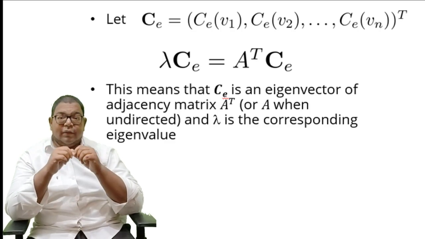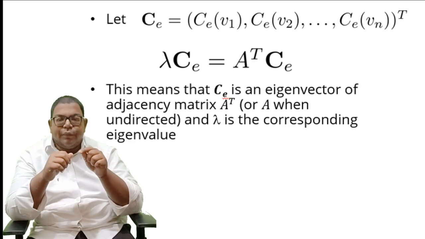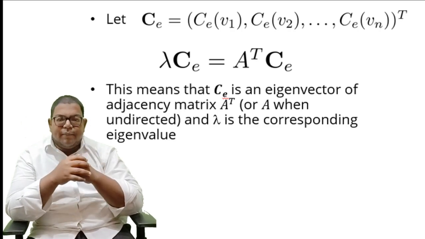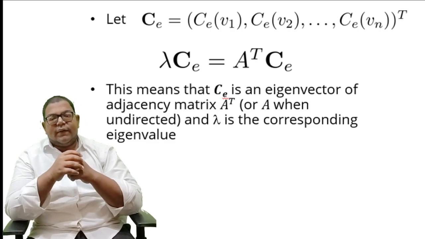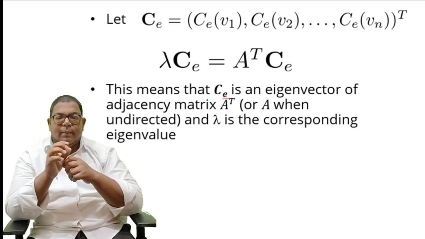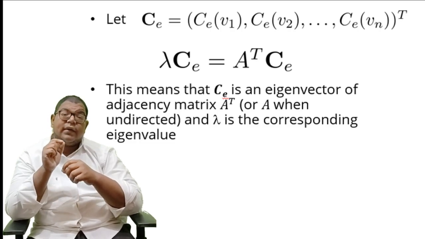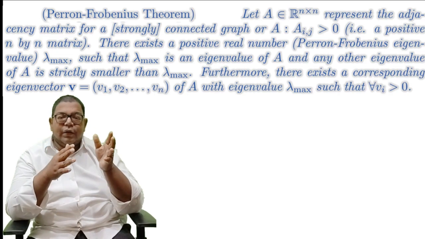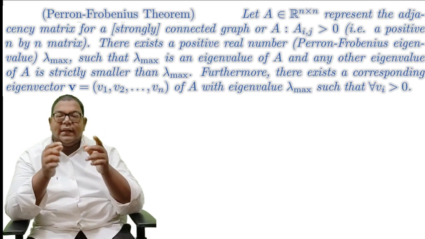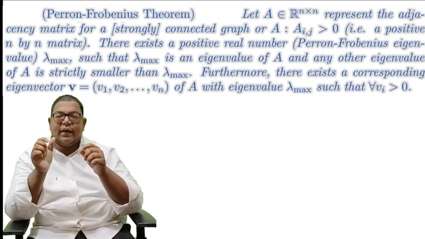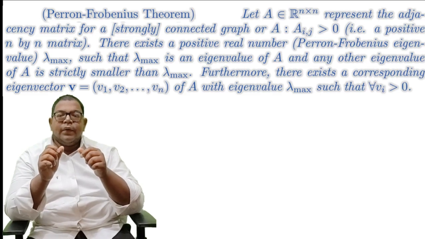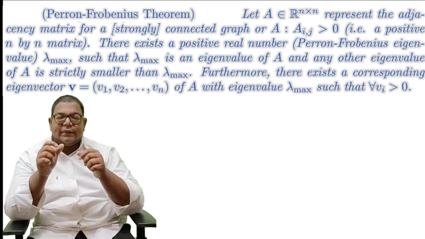Now the question arises: which eigenvalue and eigenvector pair should we choose? To answer this, we have the Perron-Frobenius theorem, which says that for an n by n matrix in which all the values are positive, there exists an eigenvector and eigenvalue given by lambda max. So this lambda max, the highest eigenvalue, will be chosen.